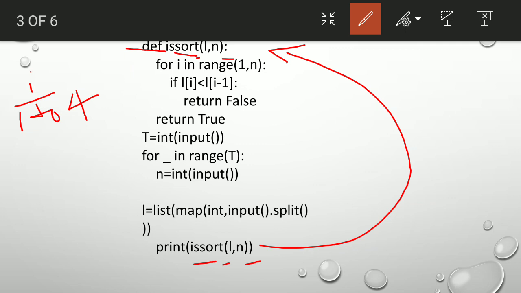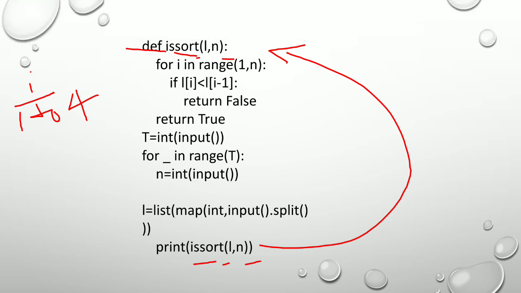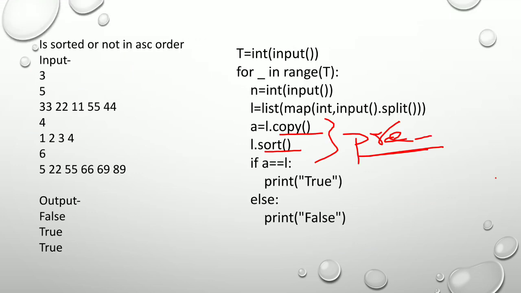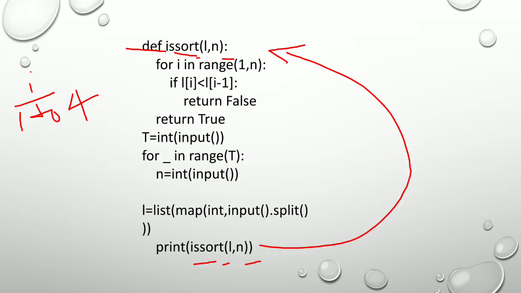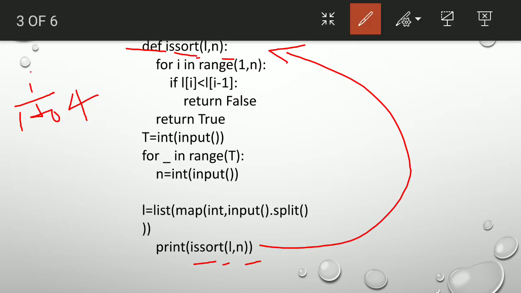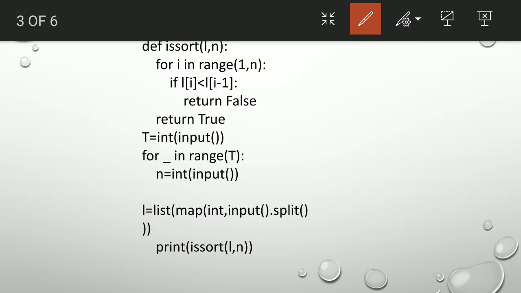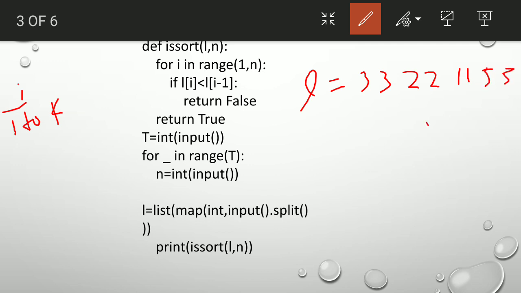Our list contains the values 33, 22, 11, 55 and 44. So what we are checking here: if L of I, that is L of 1.